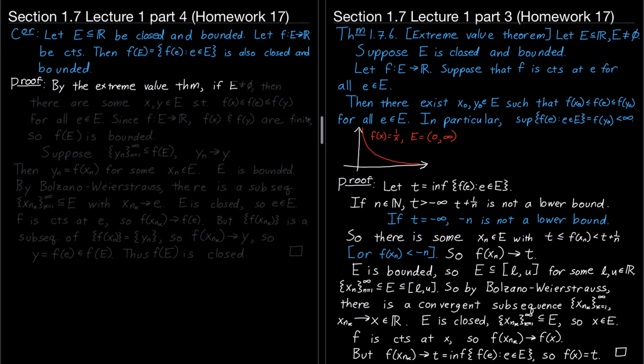So if E is not the empty set, then there are some numbers, probably two numbers. They might be the same if f is constant, but there are some x and y in E such that f of x is less than or equal to f of e, which is less than or equal to f of y, for all little e in our set E.